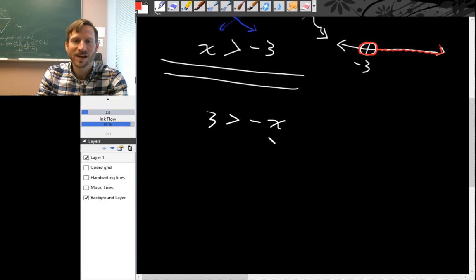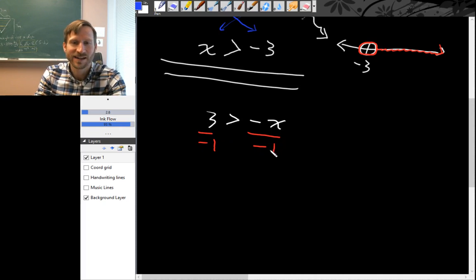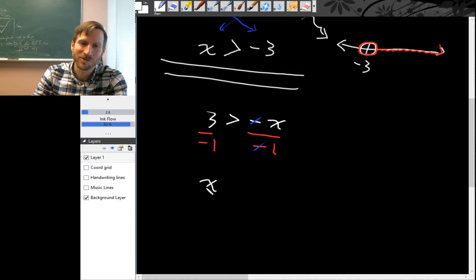The mistake I was seeing was some people wanted to divide by -1, which is the right thing to do. And at the same time, they switched the sides. So on the right-hand side, these minus signs cancel just like before, and we are left with x, but they wanted x to be on the left-hand side, which is also okay. On the left-hand side, 3 divided by -1 is -3, so let's put that on the right-hand side.